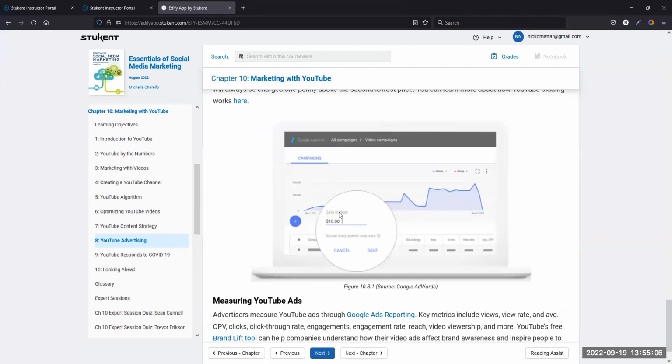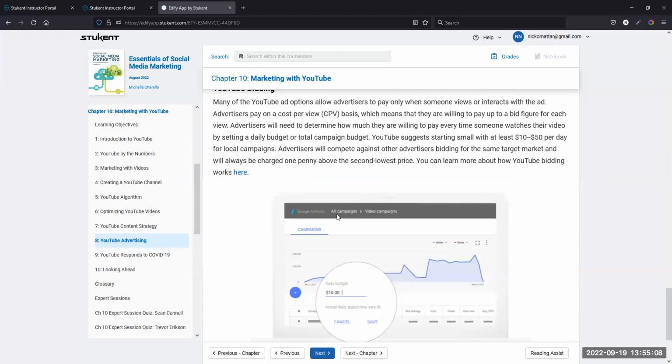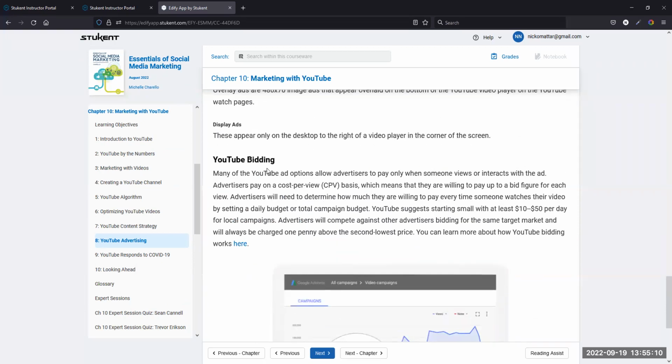A lot of times I will just set a daily budget, and there's a way to set up automatic bidding because you don't have any idea what your competitors are paying. And the best part about YouTube advertising and Google advertising is that they'll make sure that your content gets delivered. Their number one goal with advertising is they want you to keep spending money.